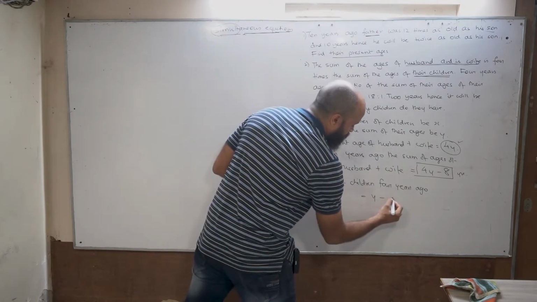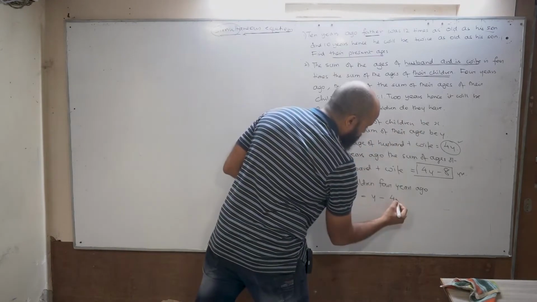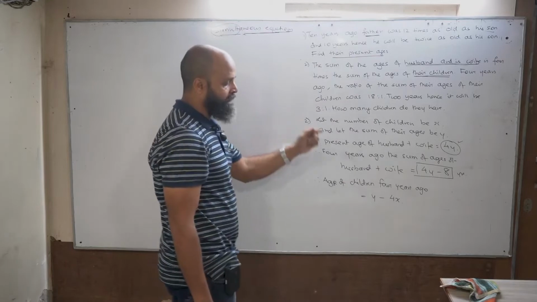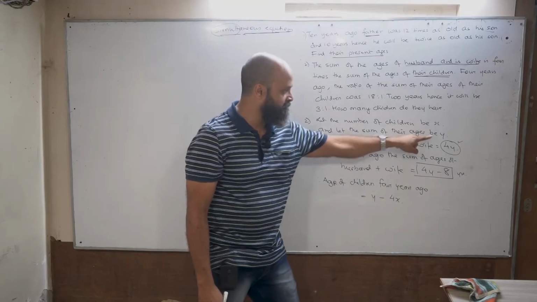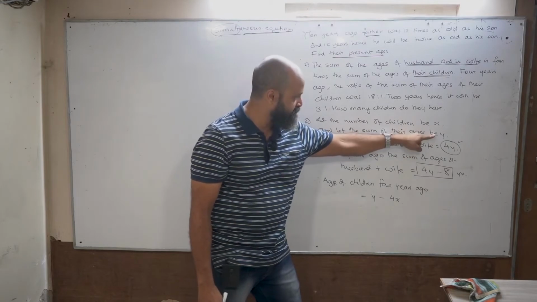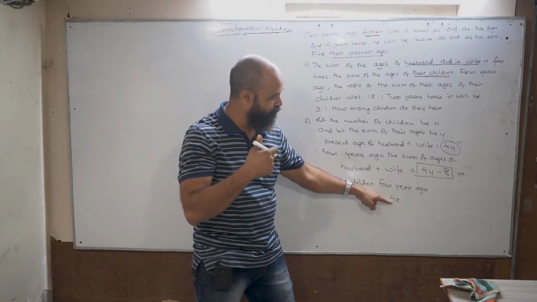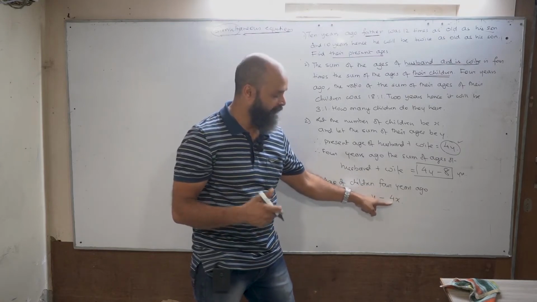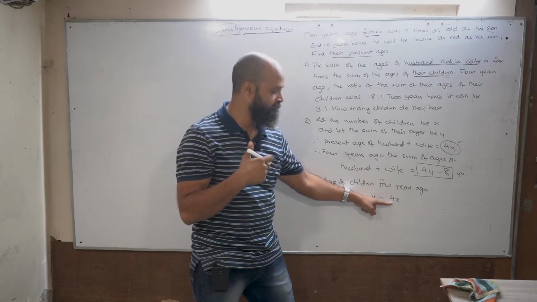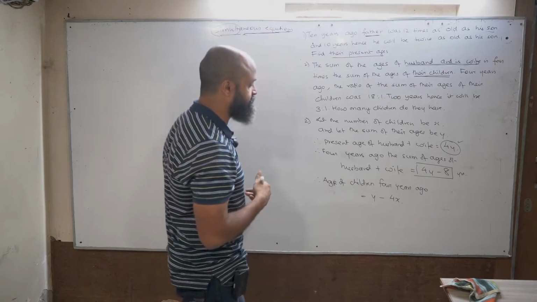So, we will subtract 4, and how many children are there? Obviously, x children. From each of those children that they have, 4 years would be subtracted. The sum total of their present ages is y. We are going to subtract 4 from each of their ages. Now, we have the total number of children as x and from each one of them we are going to subtract 4 years. So, this would be the age of the children 4 years ago.